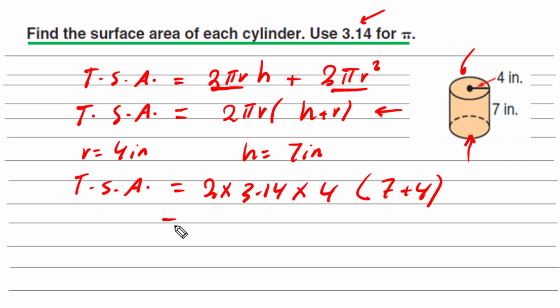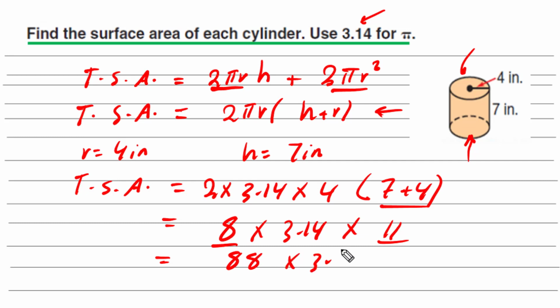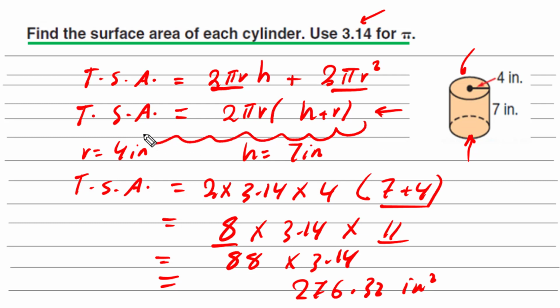Now just write 2 times 4 equals 8. 8 times 3.14 times 7 plus 4 equals 11. We get, guys, 8 times 11, it will be 88 times 3.14. You can find it easily. It will be 276.32 square inch.